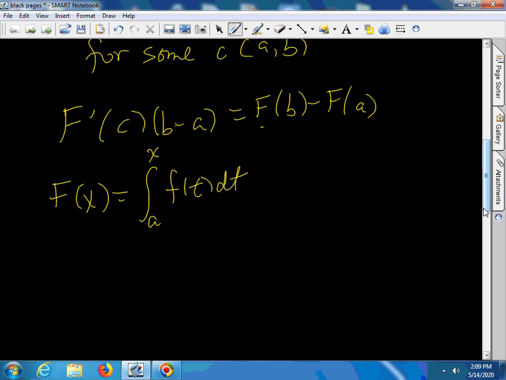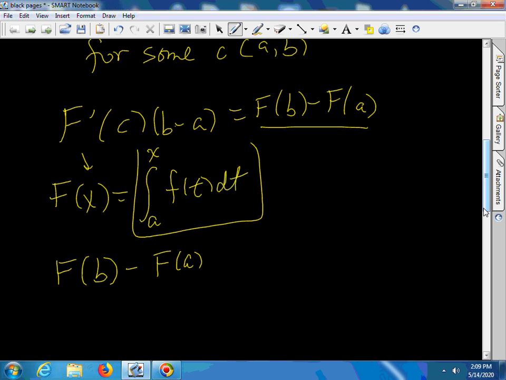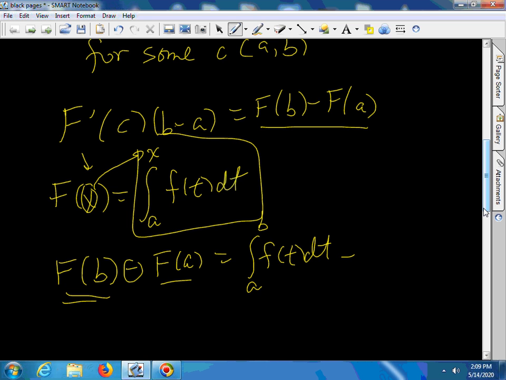So F(b) minus F(a) is the integral from a to b of f(t) dt minus the integral from a to a of f(t) dt.